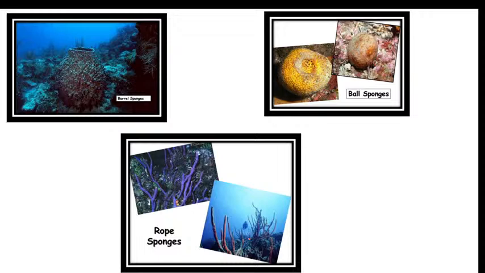The phylum Porifera has three classes: class Calcarea with calcareous spicules, class Hexactinellida with siliceous spicules, class Desmospongiae with spongin fibers and siliceous spicules. With this, I conclude the session. Thank you.